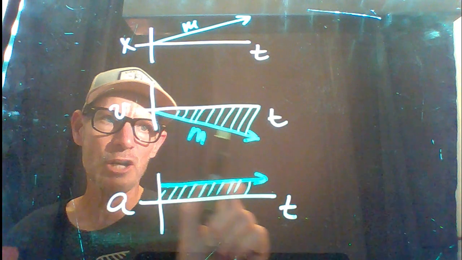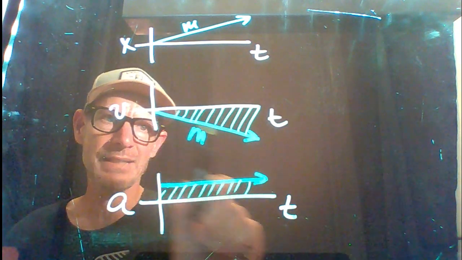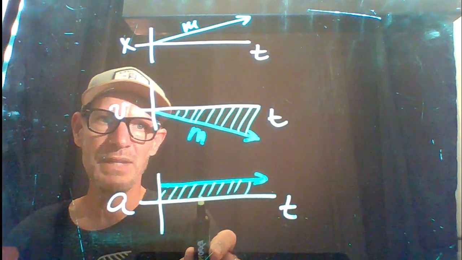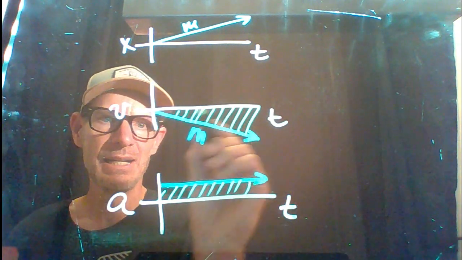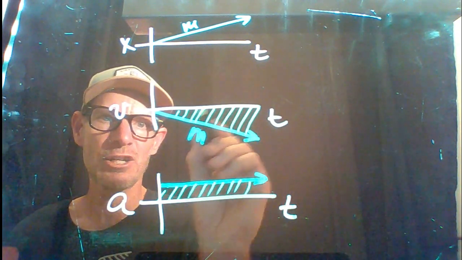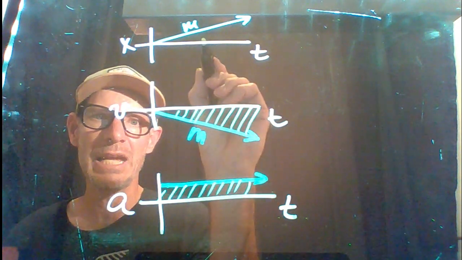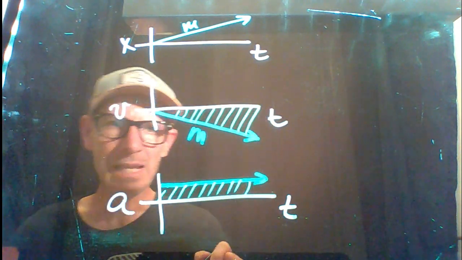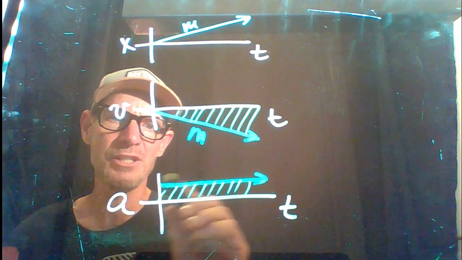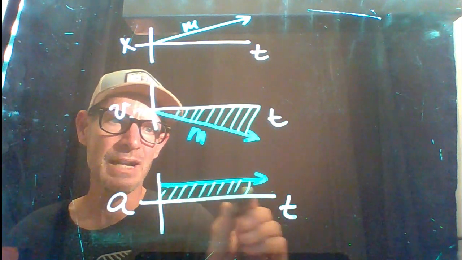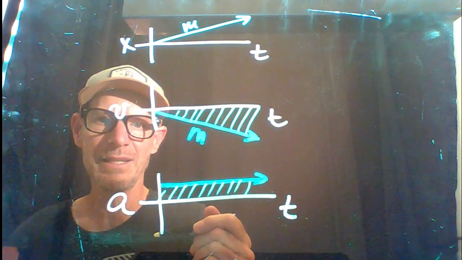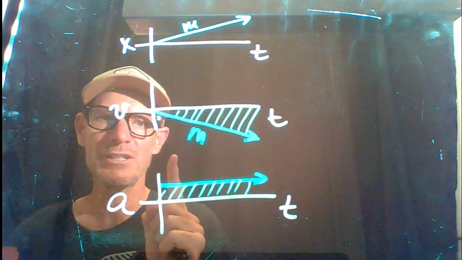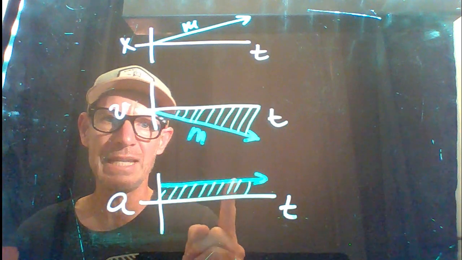If you find the slope of the velocity, it will tell you what the acceleration is. And if you find the area underneath the velocity curve, it will tell you the change in position. Finally, when you're looking at an acceleration graph, if you know the area under the curve, it will tell you the change in velocity.